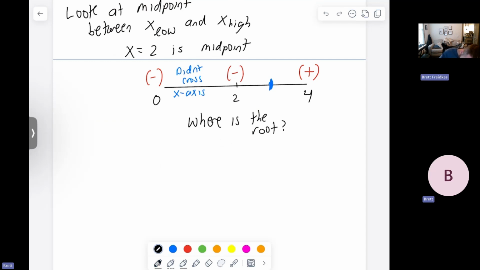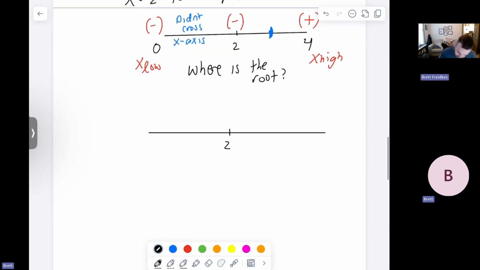So what do I mean? Originally, the 0 point was x low. This was x high. On our next iteration, we want to choose a new x low and a new x high. What would those be for this case? Well, 2 is definitely going to replace one of them because that is the new point. That's our new estimate for the root. Since it's negative and matches the sign of the 0, the 2 is going to replace the 0.